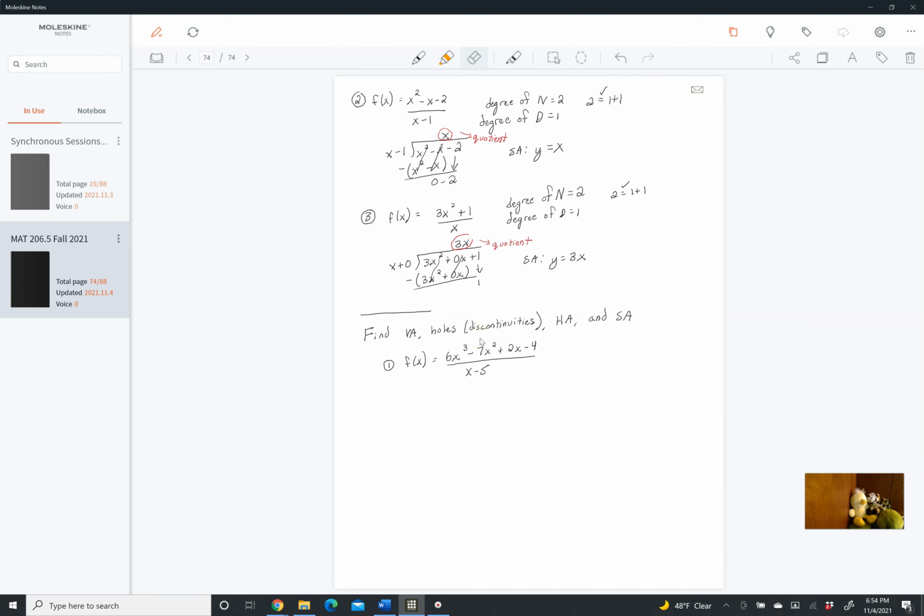You can also divide, but factor theorem is much faster, okay? What we're trying to say is that x minus 5 is not a factor.